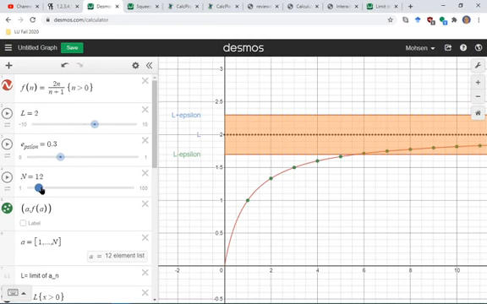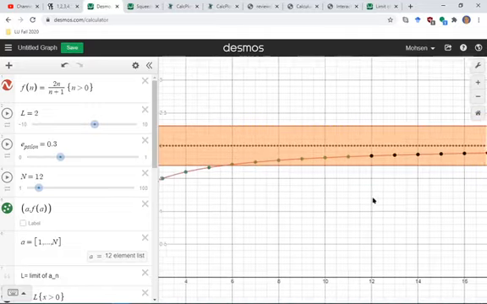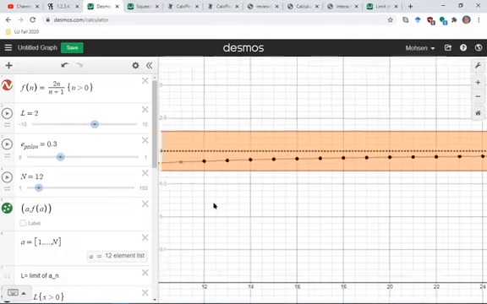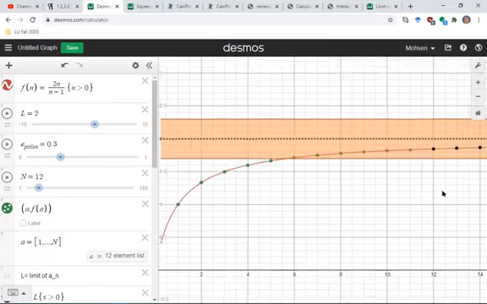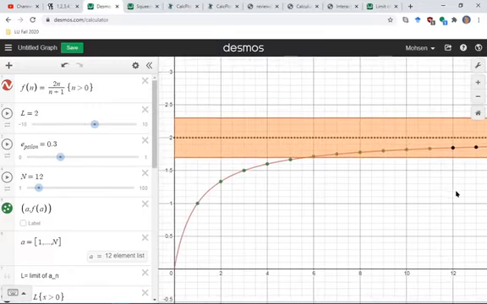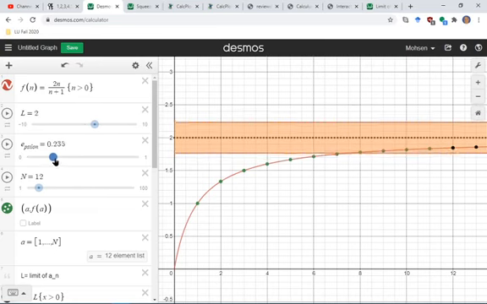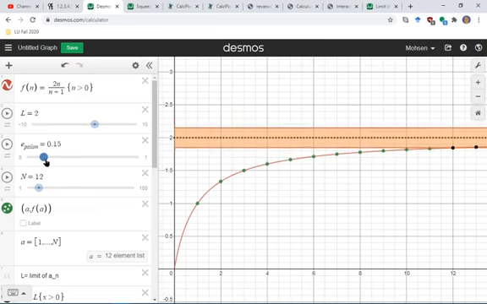You notice that at some value of n, my points enter inside the trap and then they forever stay inside that trap. Well, that means in the first round you win and you have partially established that the limit is 2. Now I make the problem harder on you. I make the trap even smaller, so I make it quite narrow.